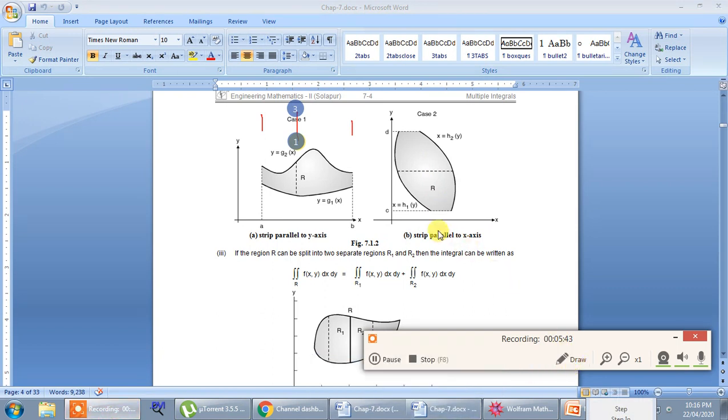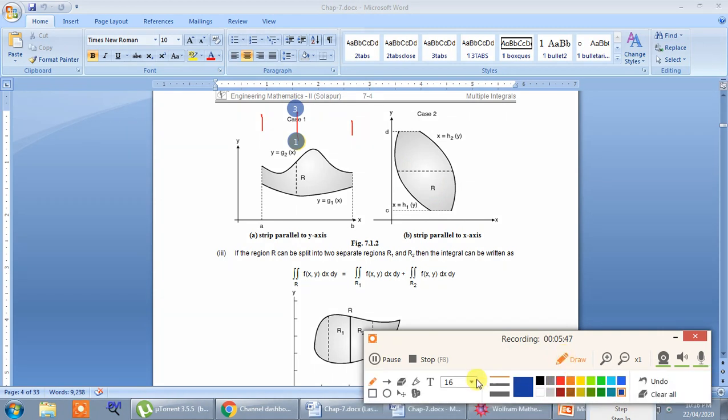So the horizontal strip is moving from bottom to top. We can check it out. This strip will have an initial position here and a final position here, and this is an arbitrary position. So the strip is moving from y equal to c to y equal to d.